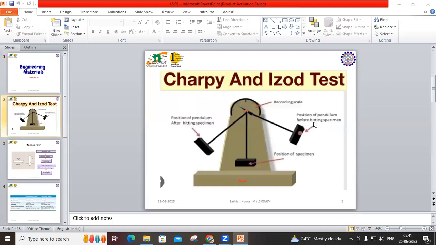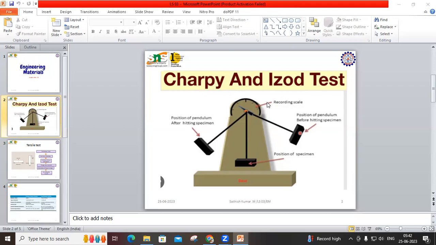This is based on the names of those who invented Charpy and Izod. We have a test setup here which is shown in the figure. We have a base, the position of the specimen, the position of the pendulum before hitting the specimen, the position of the pendulum after hitting the specimen, and a recording scale.